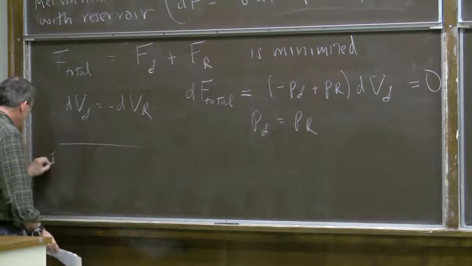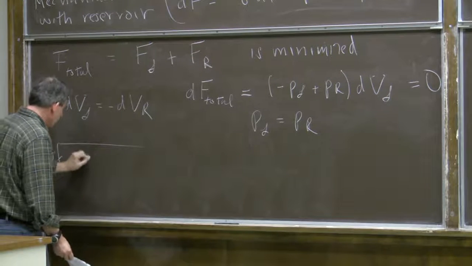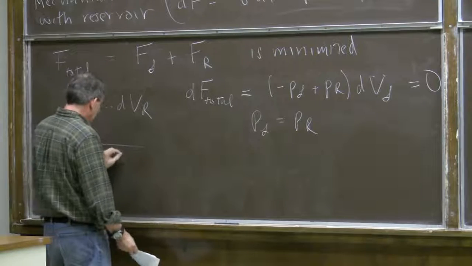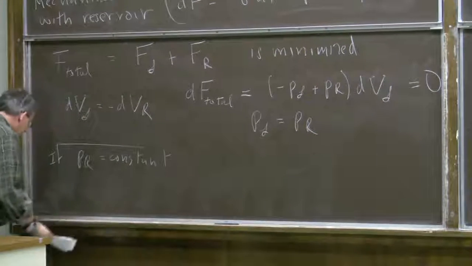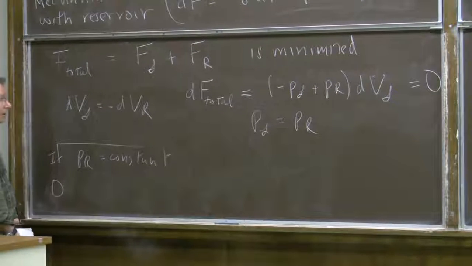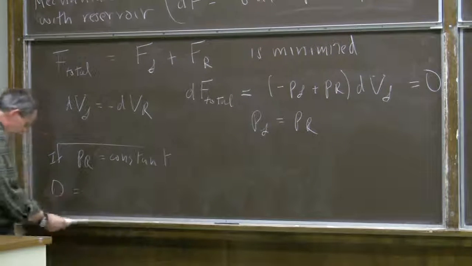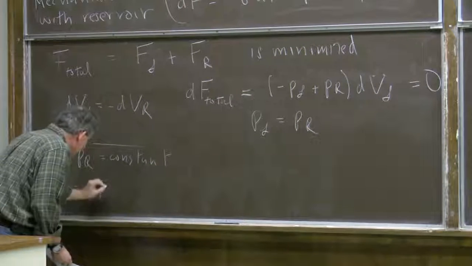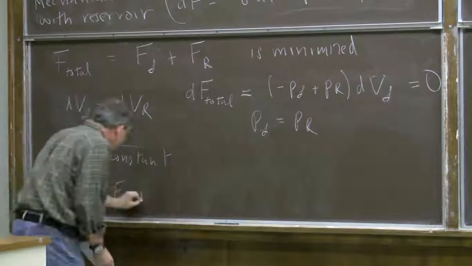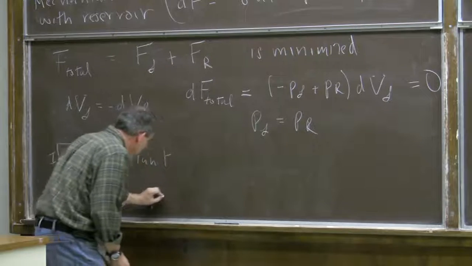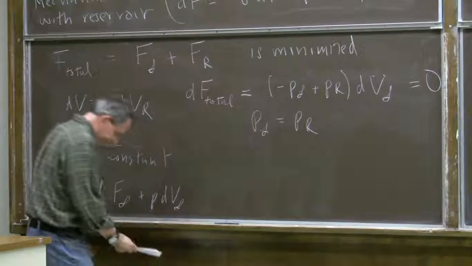Because if we take the pressure of the reservoir as some constant, which doesn't depend on the volume of the system, then 0 equals d Helmholtz free energy of system plus P d volume of system.